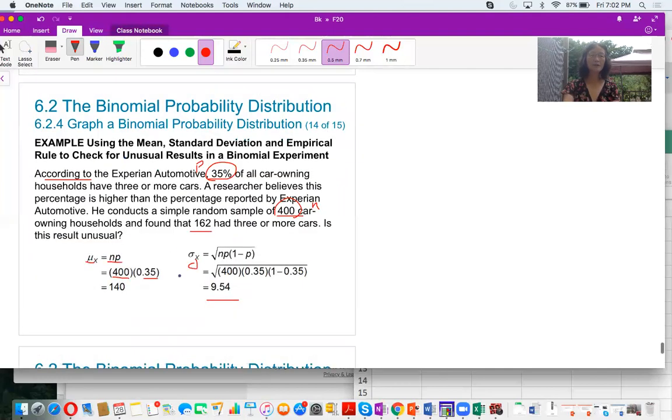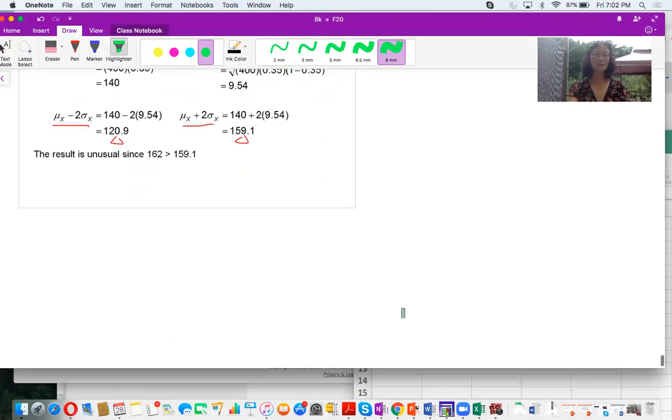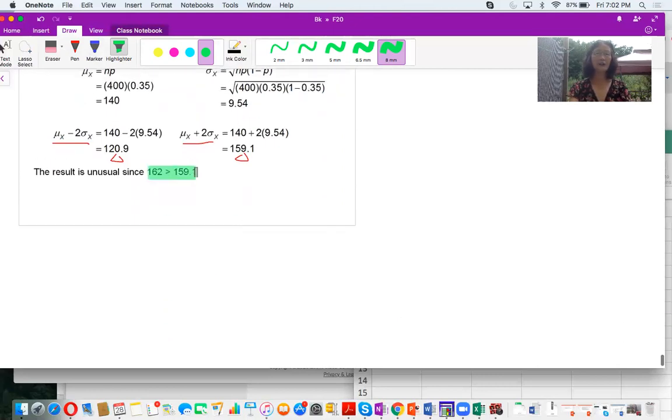The given number here is 162, which is outside the upper limit. So that's why the result is unusual.